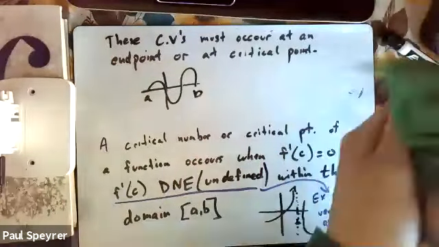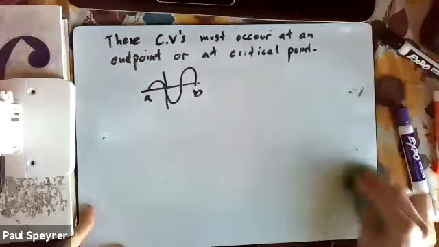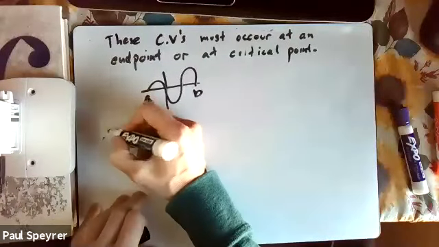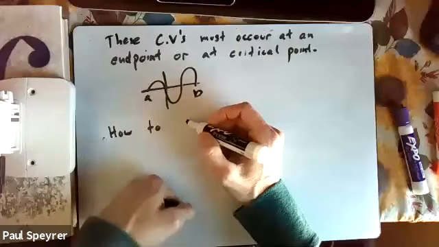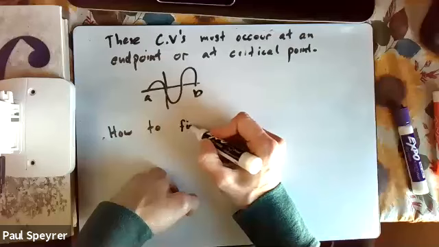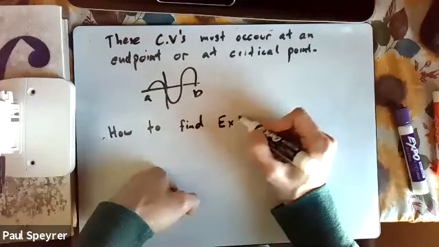Now, how do we do this, right? How do we find critical values? Or how to find extreme values?